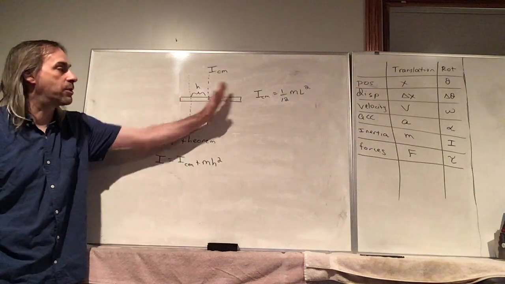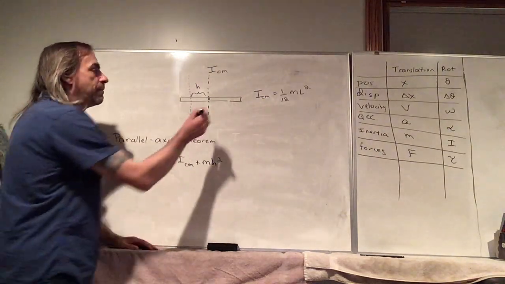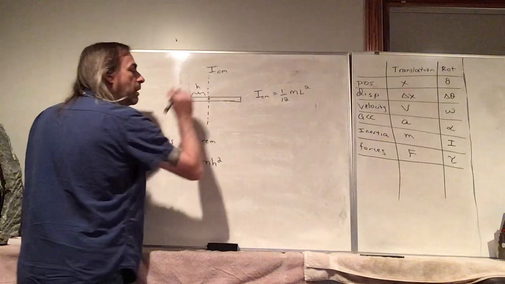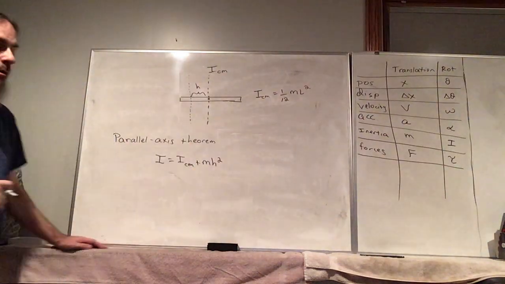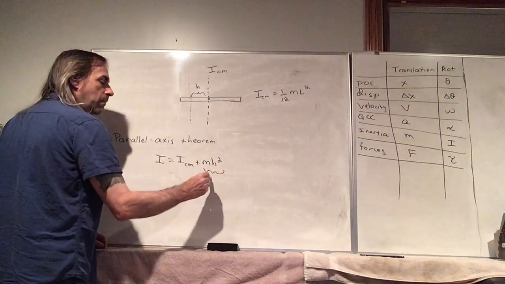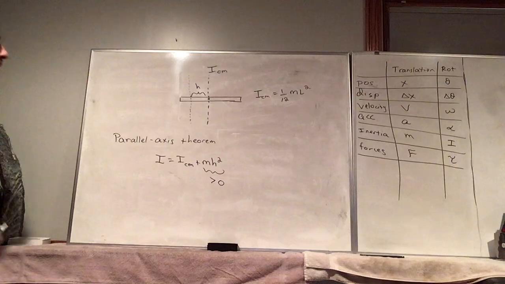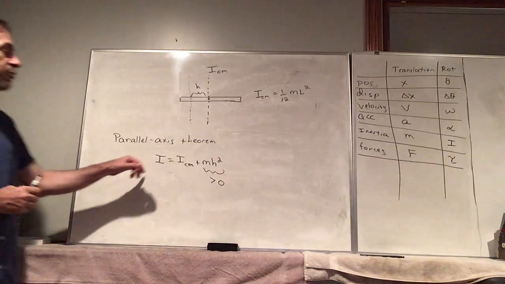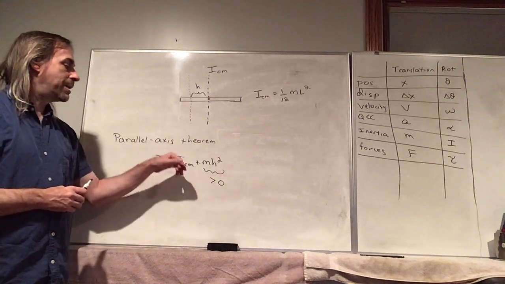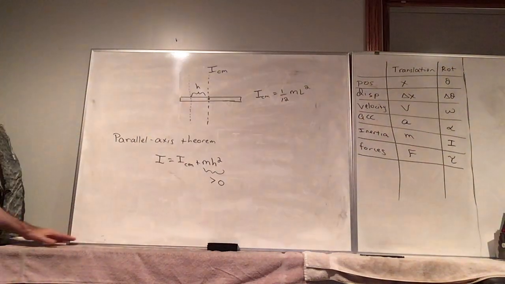You don't care if it's to the right or left, and it's squared, so this is always going to be positive. Unless it's 0, but then you're at the center of mass anyway. So in general, the moment of inertia is the moment of inertia through the center of mass plus something extra.